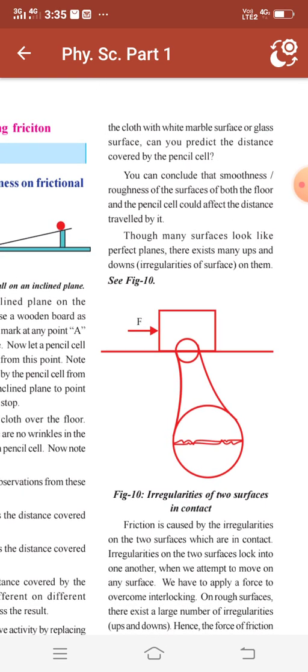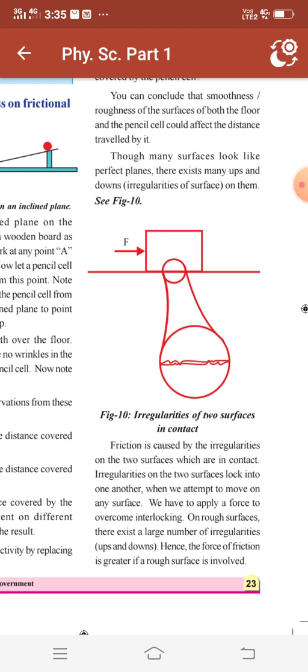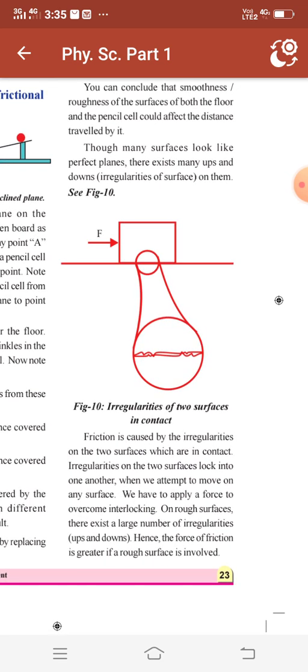Generally, many surfaces look like perfect planes, but there exist many ups and downs on them. So friction is caused by the irregularities on the two surfaces which are in contact. Irregularities on the two surfaces lock into one another when we attempt to move on any surface.